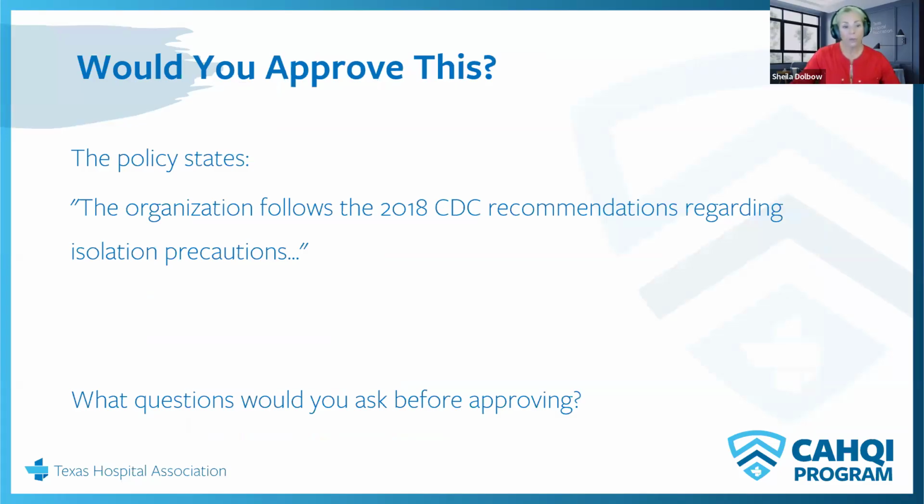So, how many of you would approve a policy that had the simple statement, the organization follows the 2018 CDC recommendations regarding isolation precautions? Or what questions might you ask before approving?